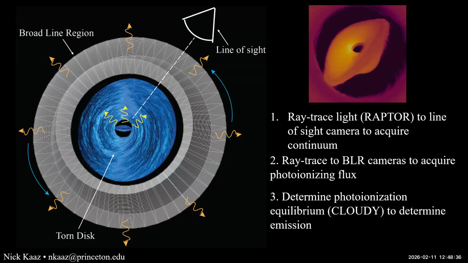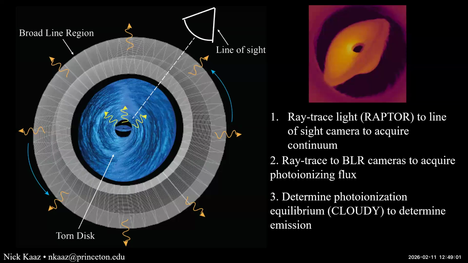So, in this pipeline, once I have the radiation that's hitting every part of the broad line region, I hand off my calculation to the software Cloudy. If you're unfamiliar, this is a software that takes incident radiation upon some gas, upon some cloud, and determines its photoionization equilibrium. So it allows me to predict how the emission lines are re-radiated.